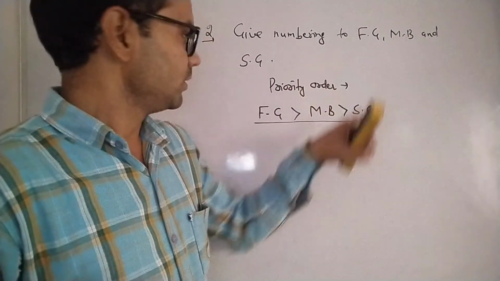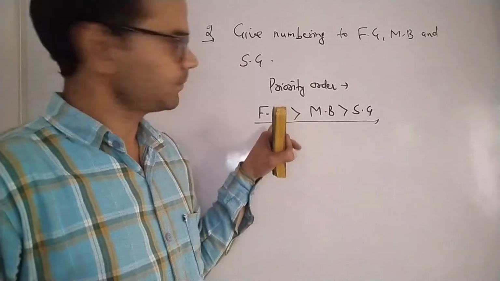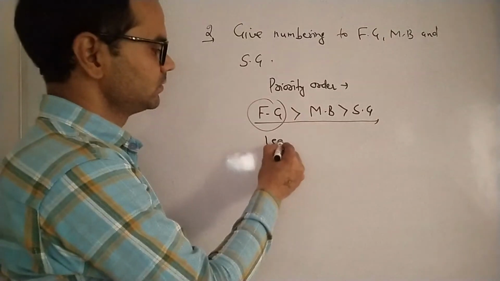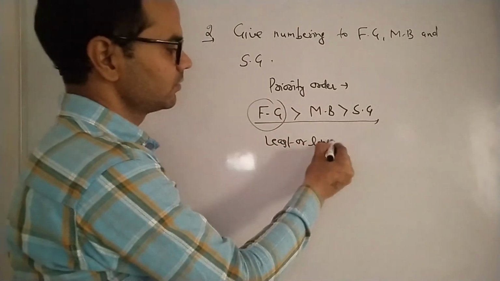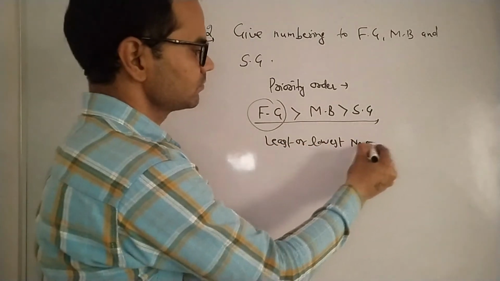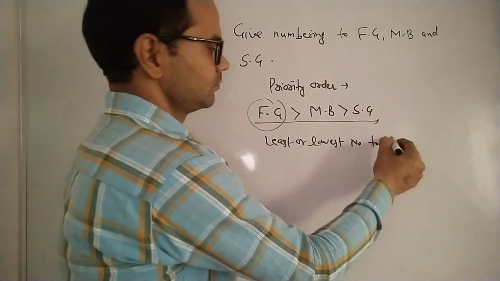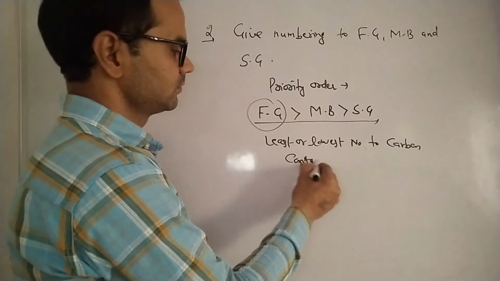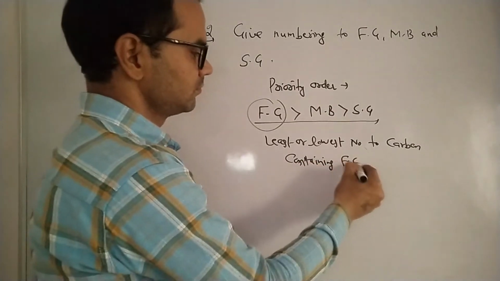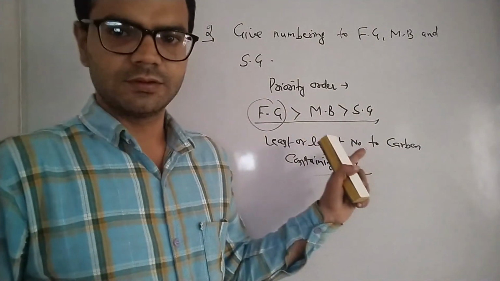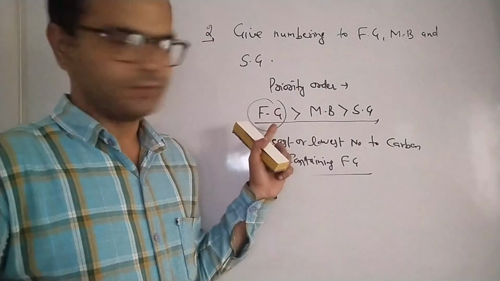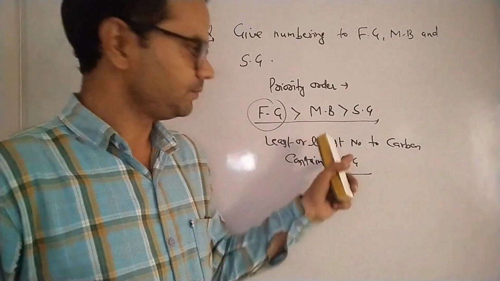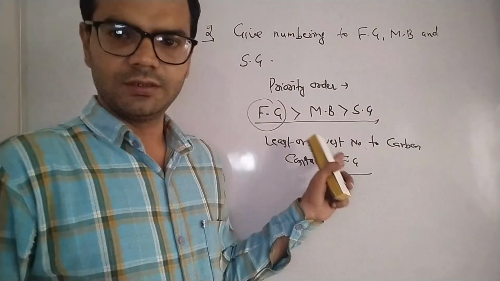If we choose the functional group as the priority group, then we will give the least number to the carbon containing the functional group. The carbon containing the functional group or multiple bond or substituent group will be given the lowest number.